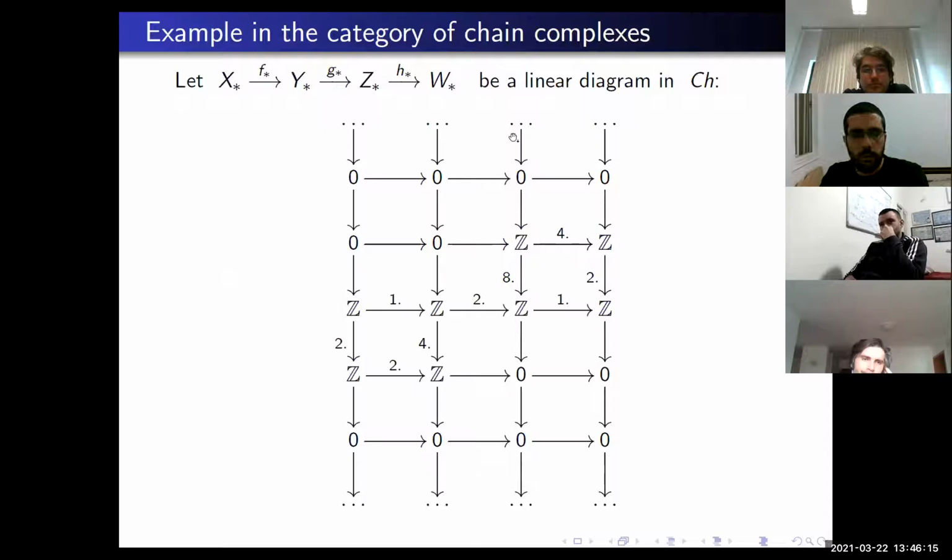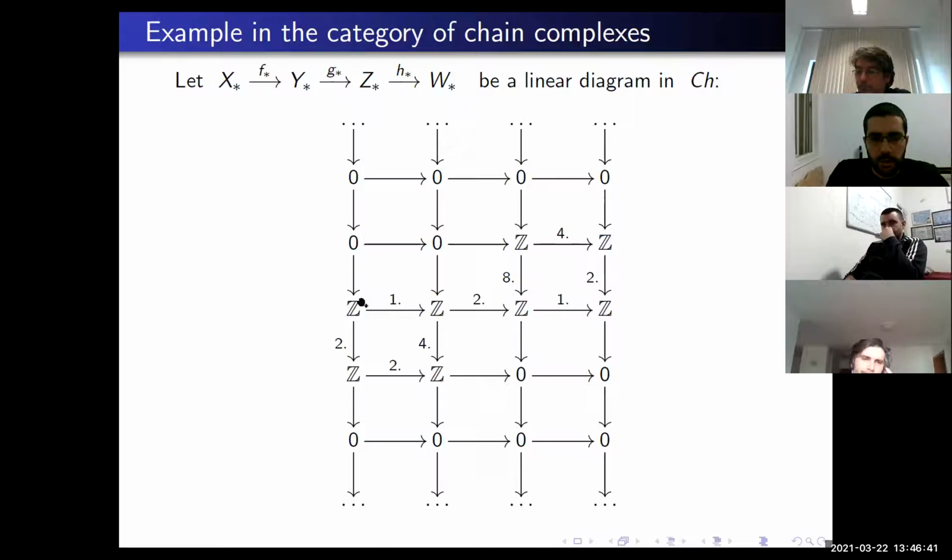Now I want to show you an example in chain complexes. We have this diagram in chain complexes. One can see that the composition of this map with this map is not zero, but null homotopic. It's not easy for me because I can't write here, but maybe you can imagine.